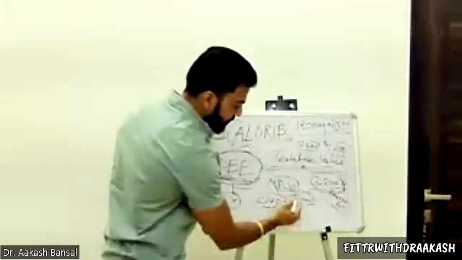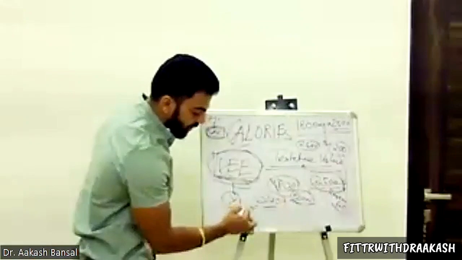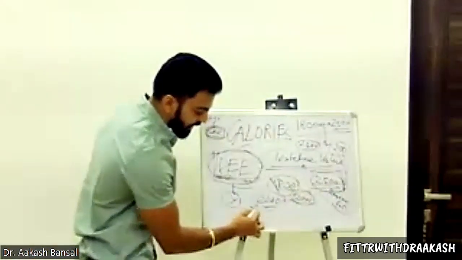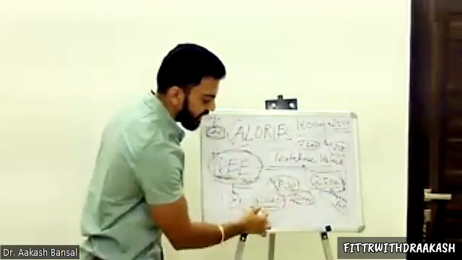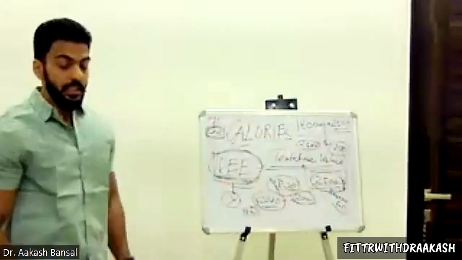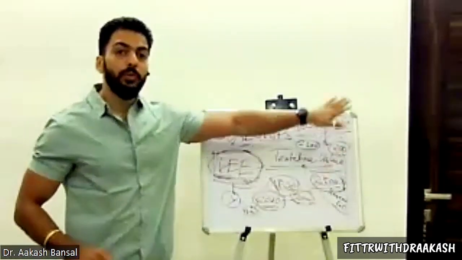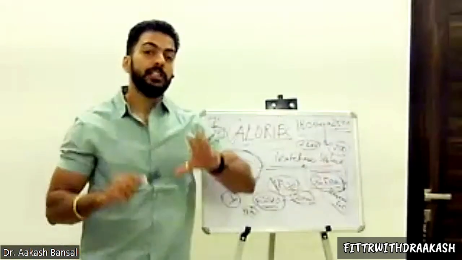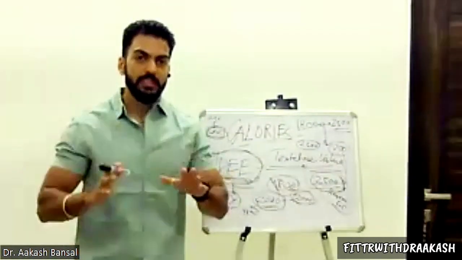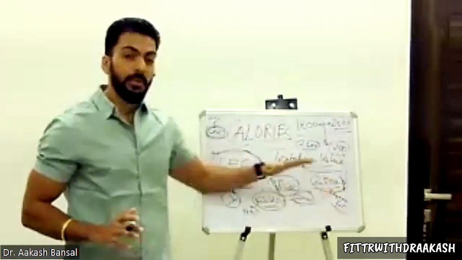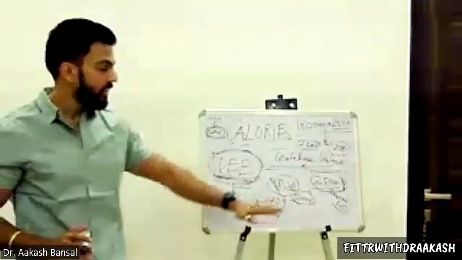Or my TDEE is actually very low, maybe 1900 or 1800, and I start gaining weight on 2000 calories. This 2500 might be 2800 in the actual scenario. Actual scenario means your actual TDEE. This can be 2300, 2200, or actually 2500.